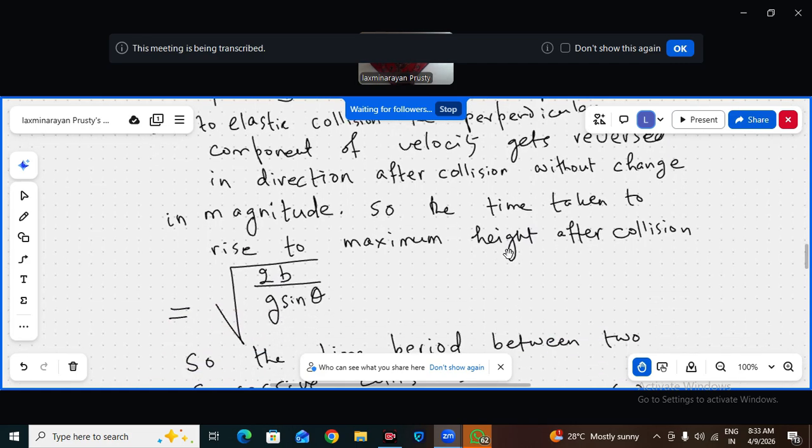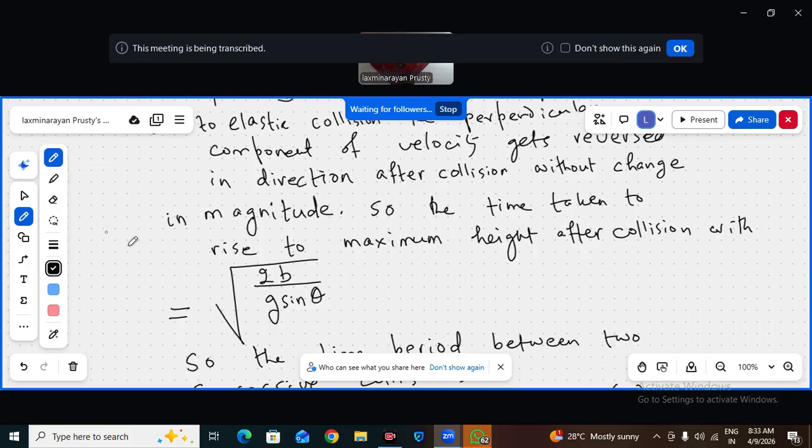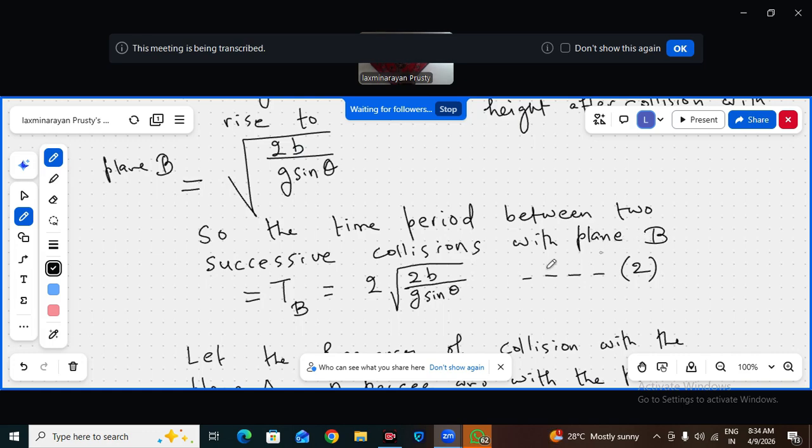So the time taken to rise the maximum height after collision with plane B is equal to this. Yes or no? So the time period between two successive collisions with plane B, that is capital TB, is 2 times root over 2b by g sin theta.